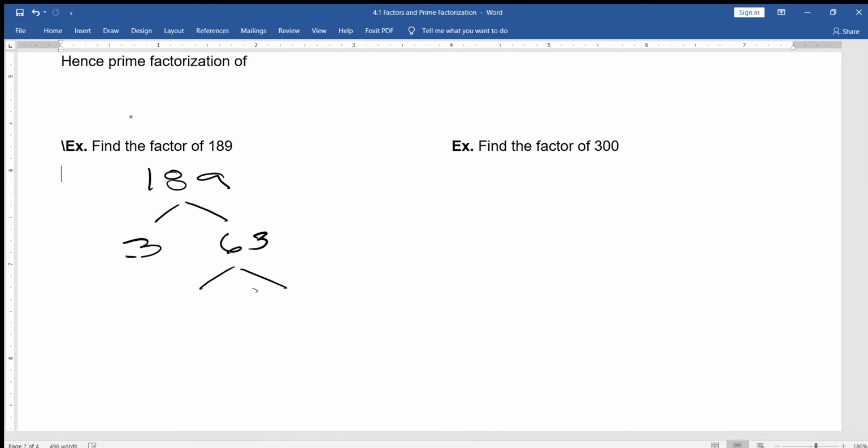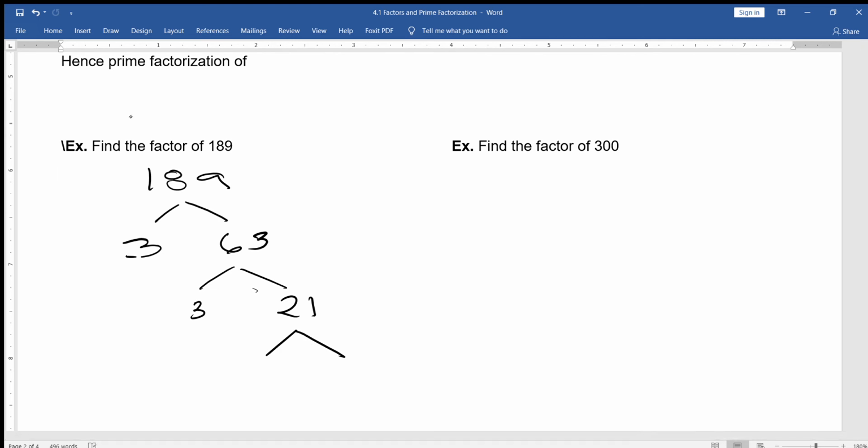Next is 63. Again, we cannot do 2, so we go to 3. 63 divided by 3 is 21. So 3 and 21 are factors of 63. Again, we'll just use 21. Any factors of 21?